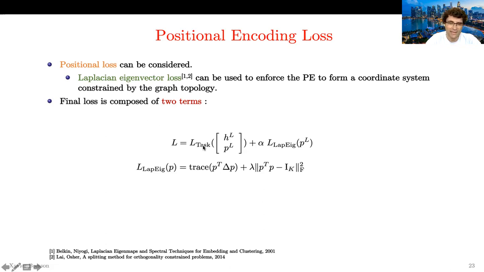We have the task loss, the standard one, where the input will be the structural representation and also the positional information at the last layer of the convnet, plus this positional loss, where we use, again, the Laplacian eigenvector loss. This is the Dirichlet semi-norm, where you have P transpose times the Laplacian times P. And here you want P to be an orthonormal coordinate system, so P transpose P is going to be the identity matrix.